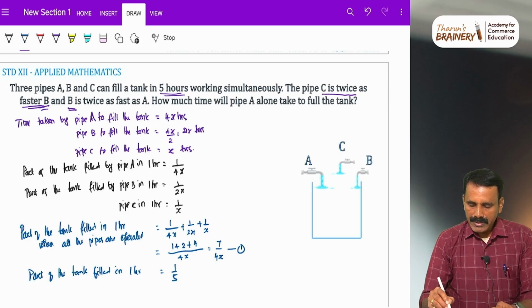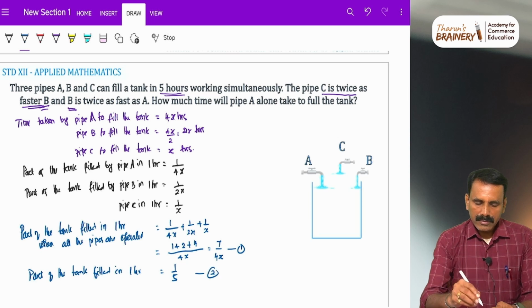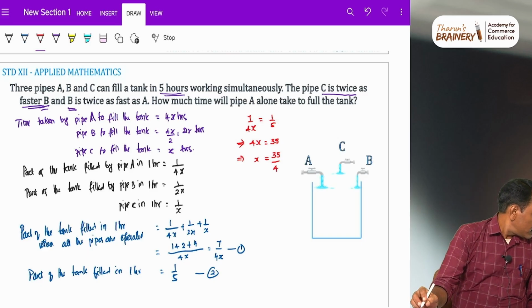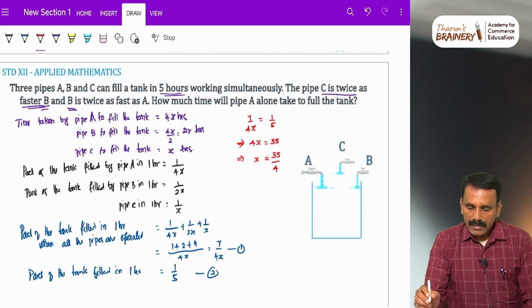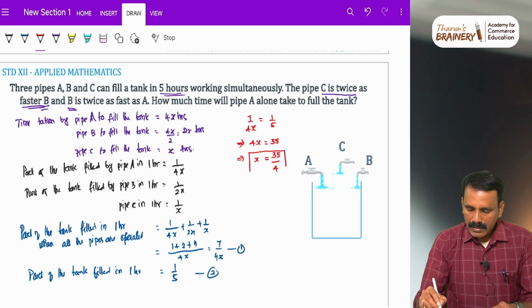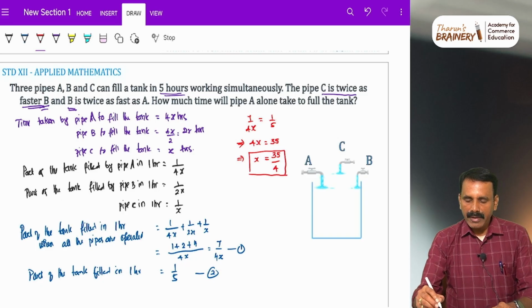So, we equate these two equations. 7 by 4x is equal to 1 by 5, which implies 4x is equal to 35. x is equal to 35 divided by 4. We got the value for x, 35 by 4 hours.